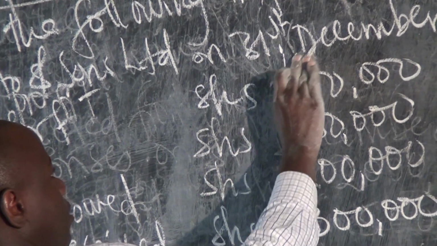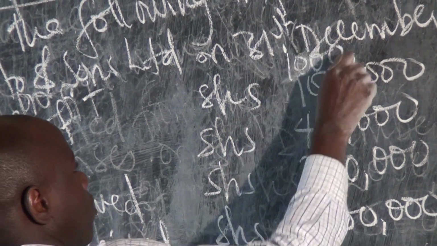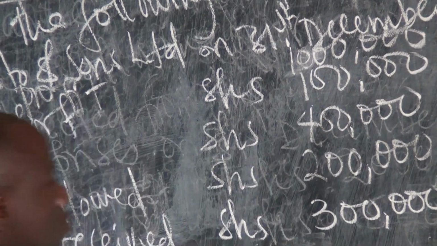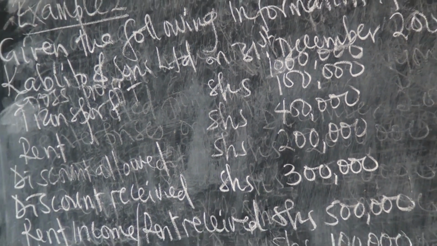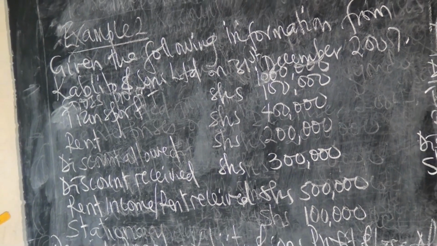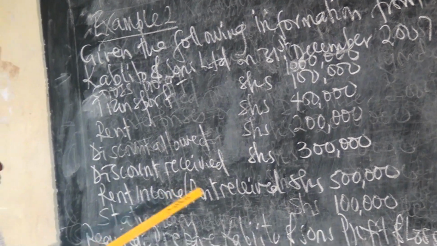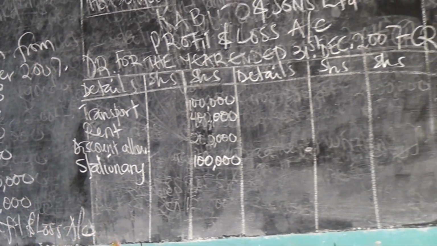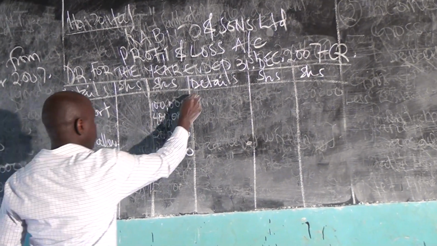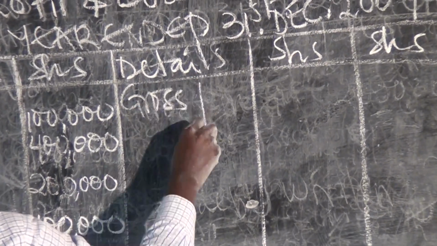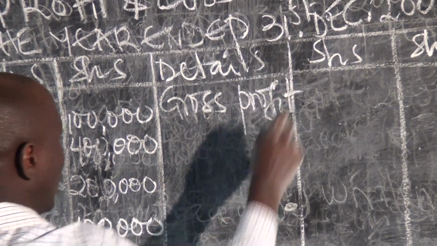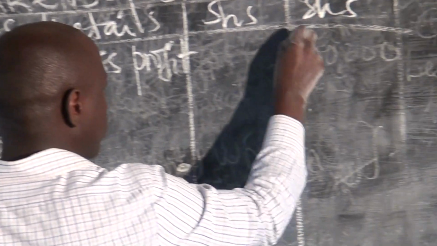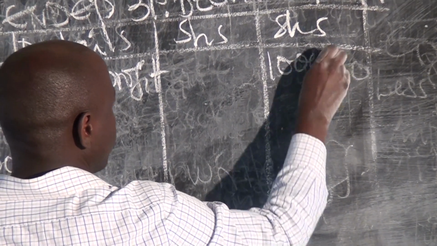It was omitted. It is the first item. That item has to be there. So the side for incomes, we start with the gross profit. And our gross profit is 1 million.